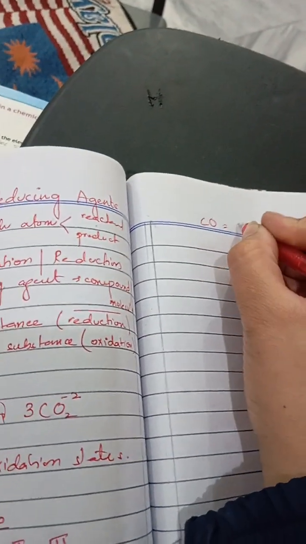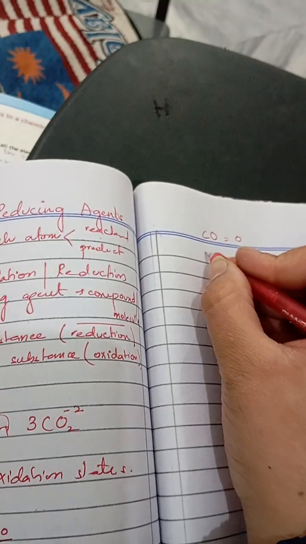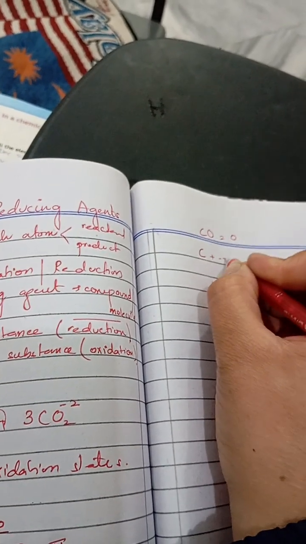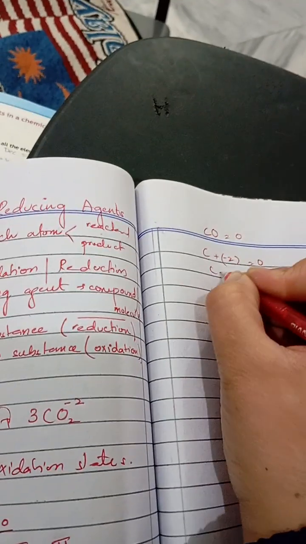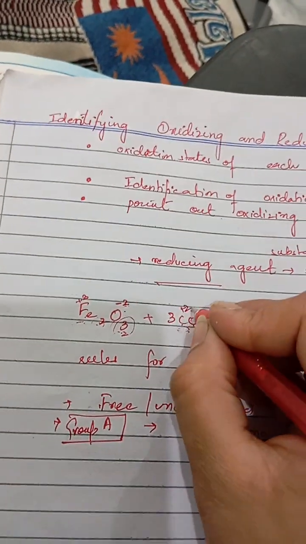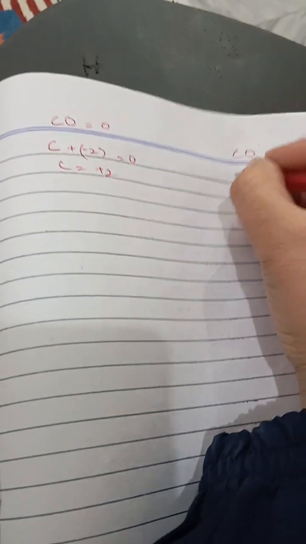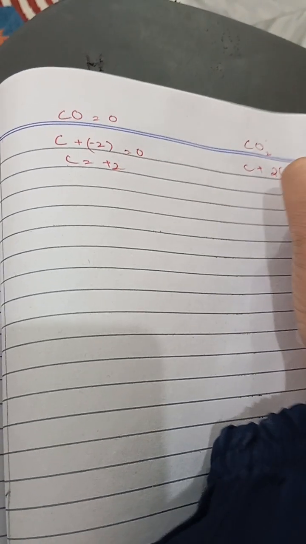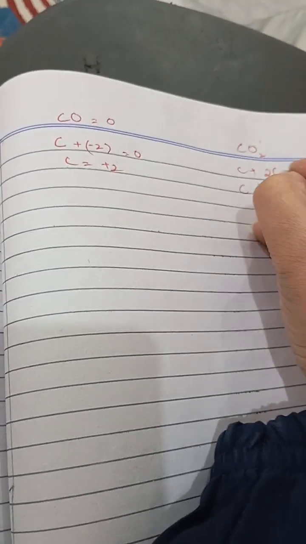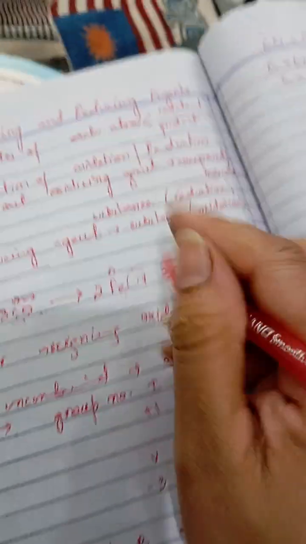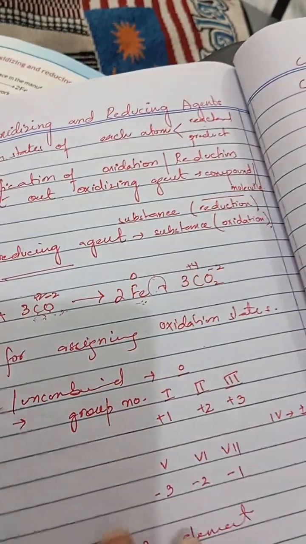CO equals 0, so C plus minus 2 equals 0, so C equals plus 2. For CO2, C plus 2 times minus 2 equals 0, so C equals plus 4. So we have plus 4 here.